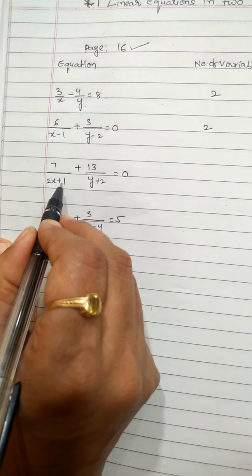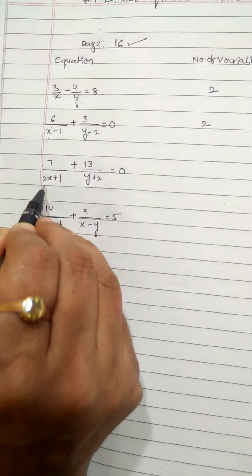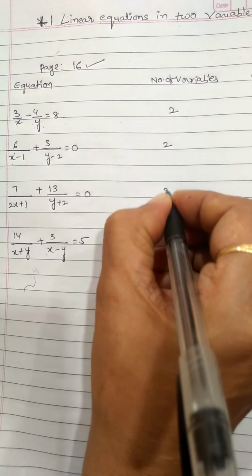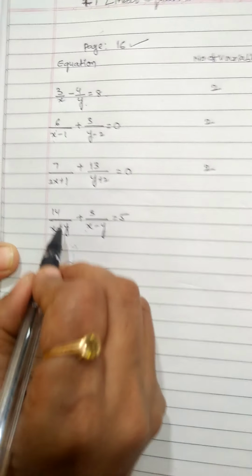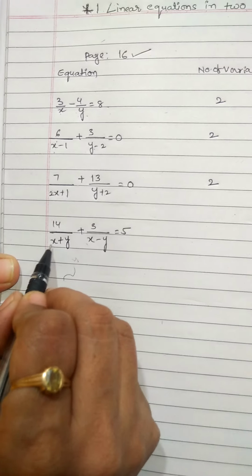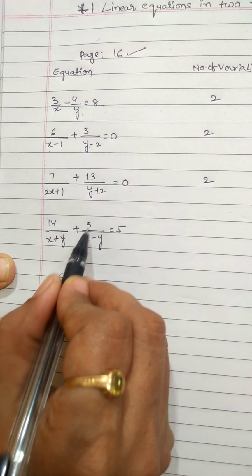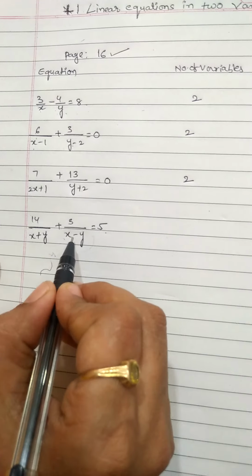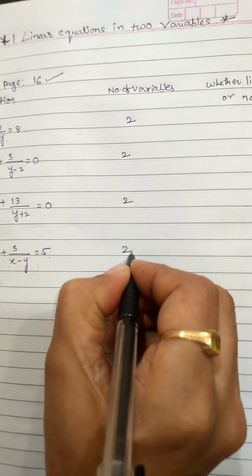In the third equation also the variables are only 2, x and y, so I will write 2. And in the fourth equation also, 14 upon x plus y and 3 upon x minus y is equal to 5, there are 2 variables, x and y.